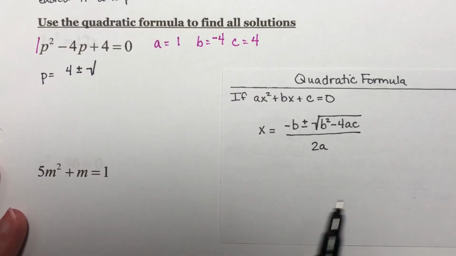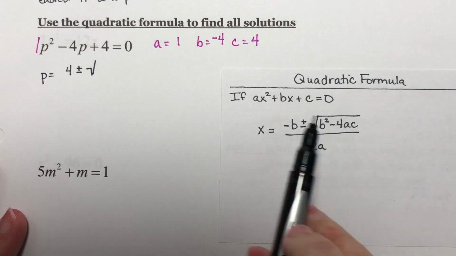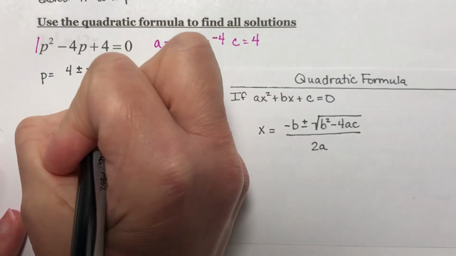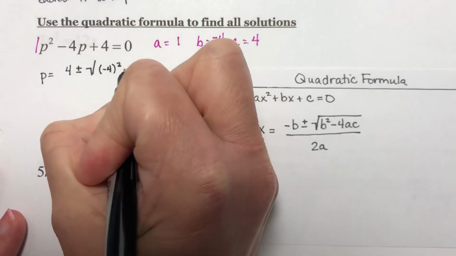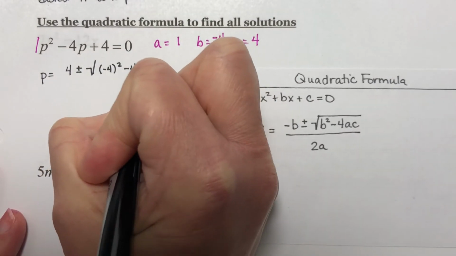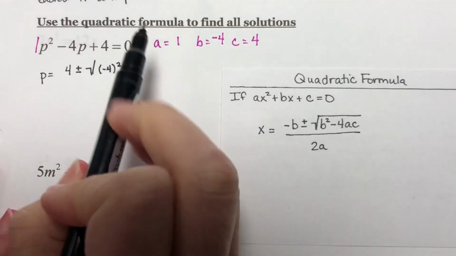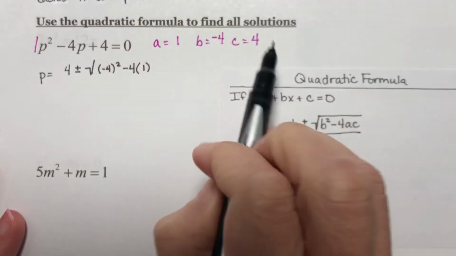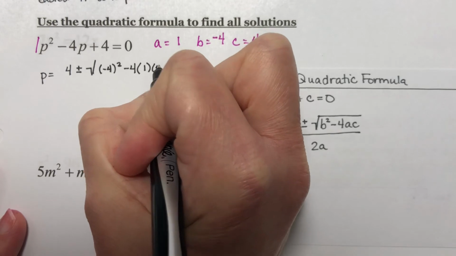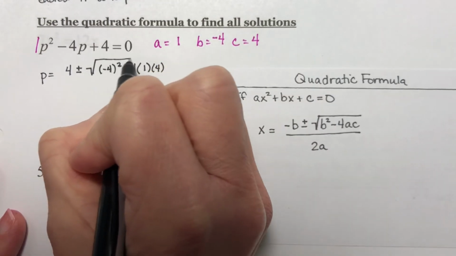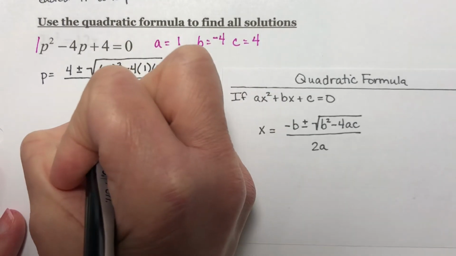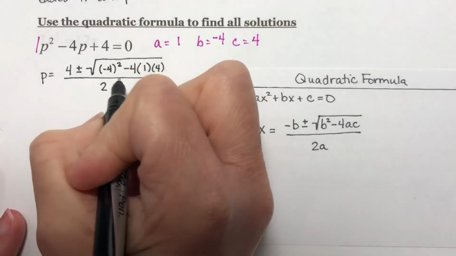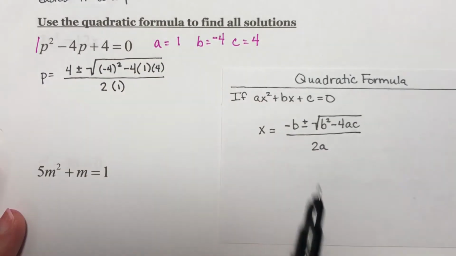It makes it easiest to make sure it goes all the way. b squared, that's negative 4 in parentheses squared, minus 4 times a, which is 1, times c, that's 4. Now I extend my radical bar, and this is all over 2 times a, and my a is 1.